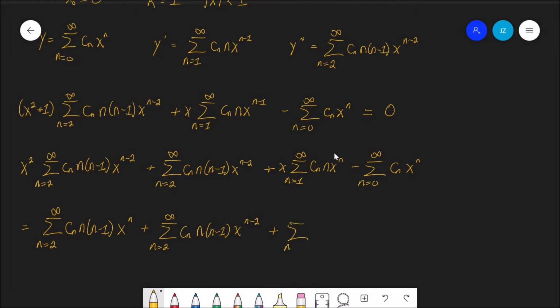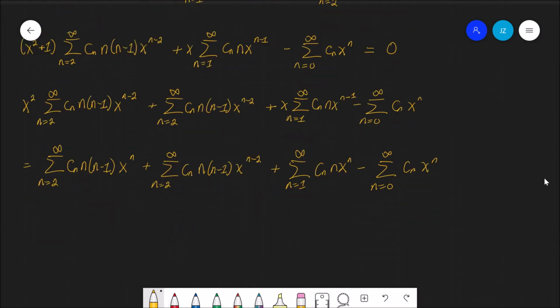So it's the sum n equals 1 to infinity of c sub n x to the n. I'm sorry, up here that should have been n minus 1, not n. And then we still have the minus summation n equals 0 to infinity c sub n x to the n.